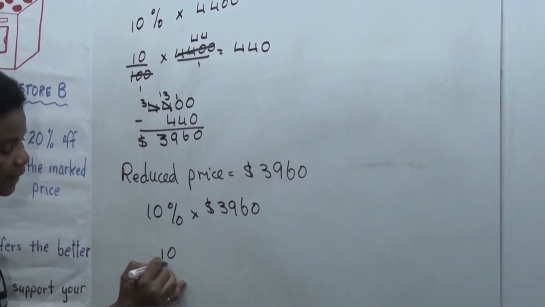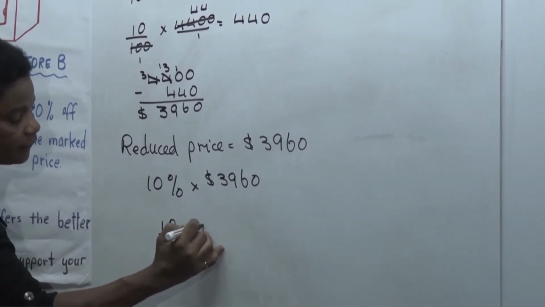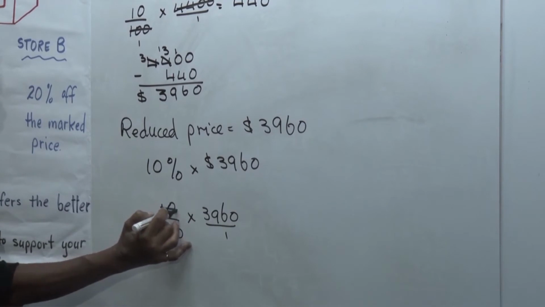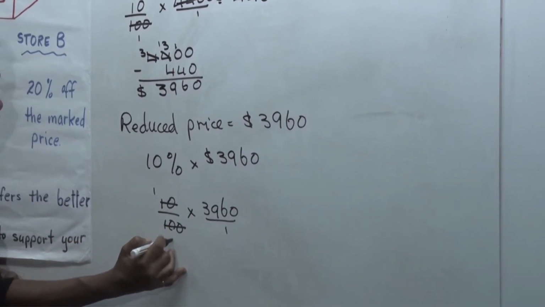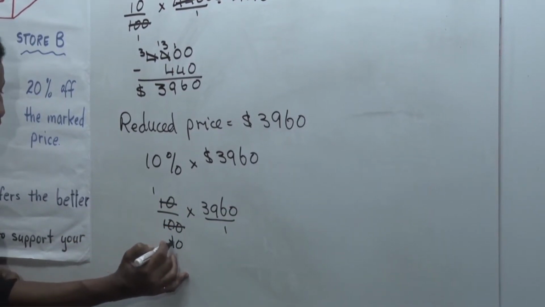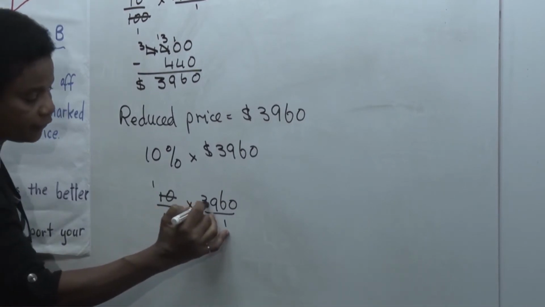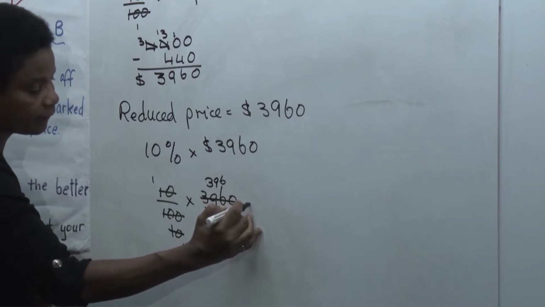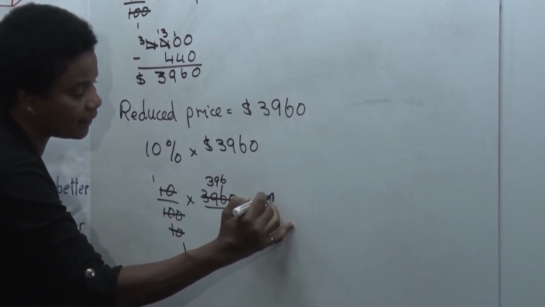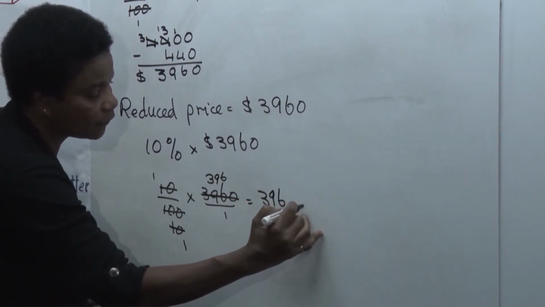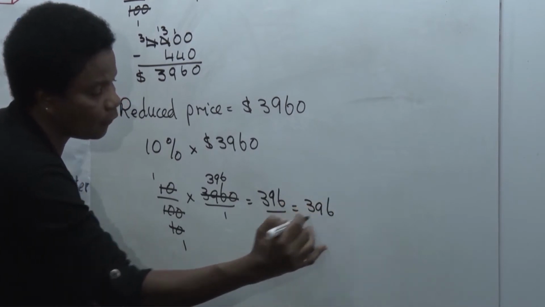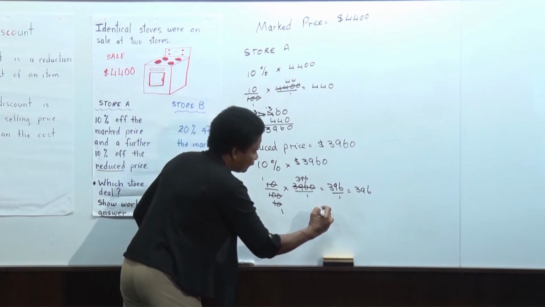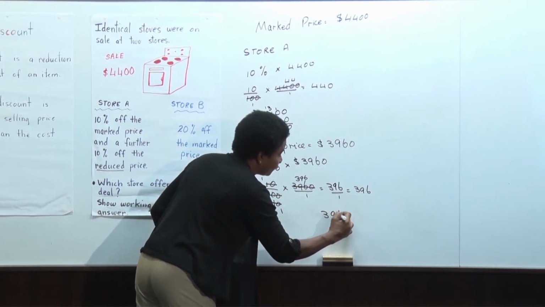Let's work that. 10% of $3,960. 10 into 10, 1. 10 into 100, 10. 10 into 10, 1. 10 into 3,960 is 396. So we are getting $396 off. Off which one? Off the reduced price.